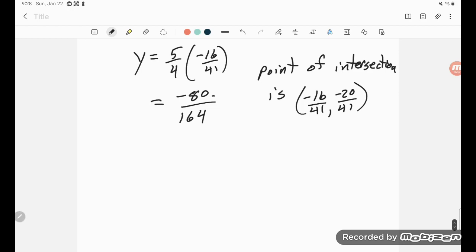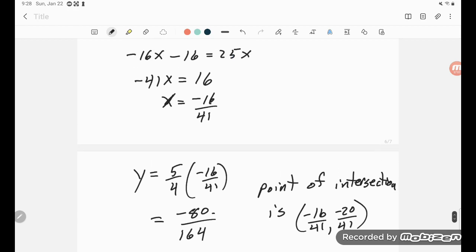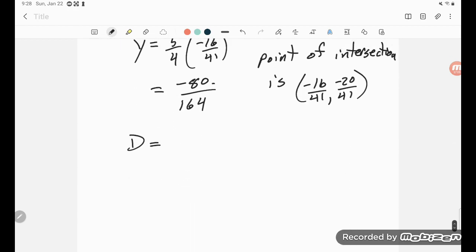And then they ask, well, what's the distance from the origin to there, I think. Is that what they ask? Yeah. So they got that point, and they found then the distance. Well, since I'm going from 0 to 0, it's just the square root of 16 over 41 squared plus 20 over 41 squared.